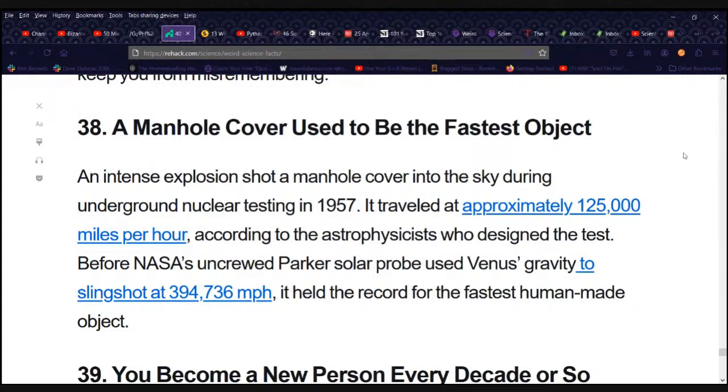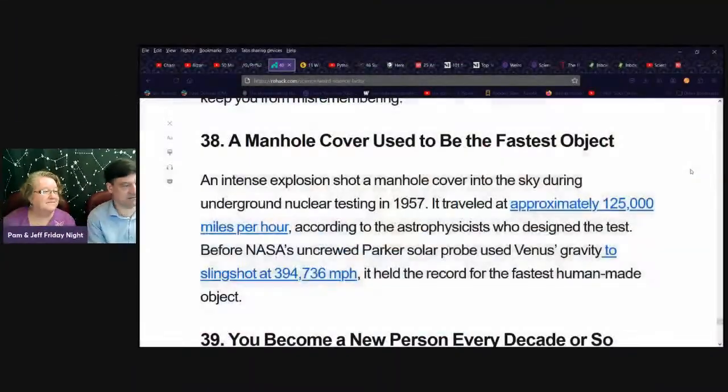So a manhole cover was one of the fastest things at one point. Apparently, they used it as this underground nuclear testing in 1957, and it traveled approximately 125,000 miles per hour.